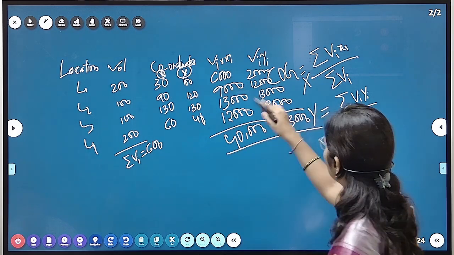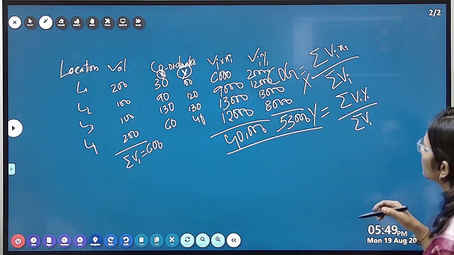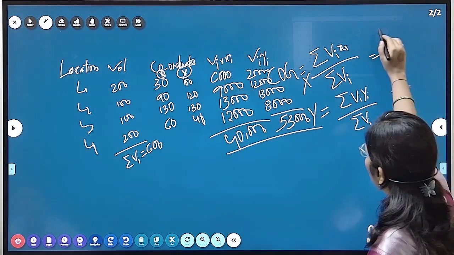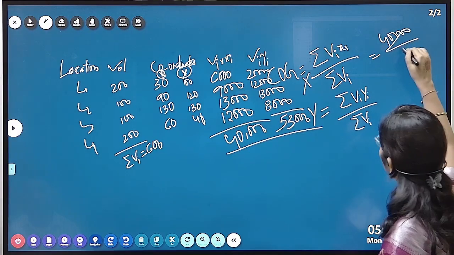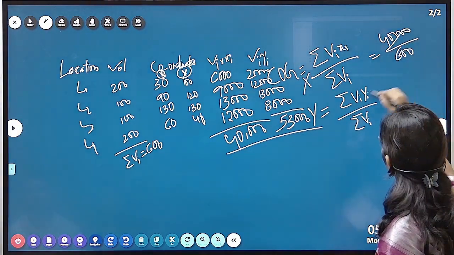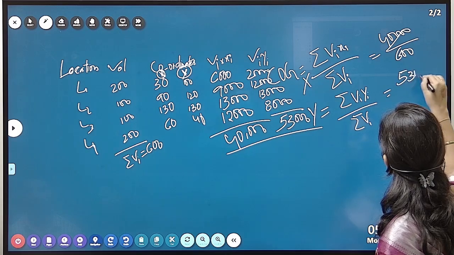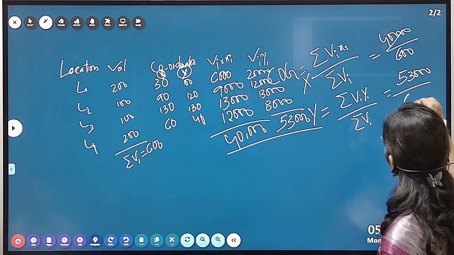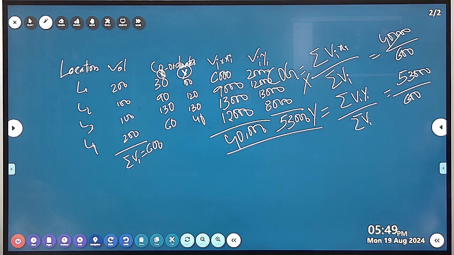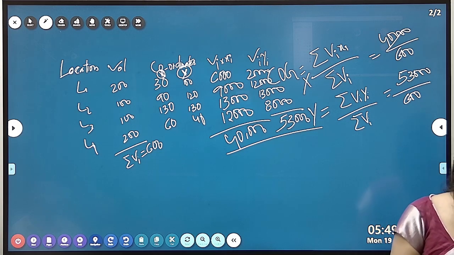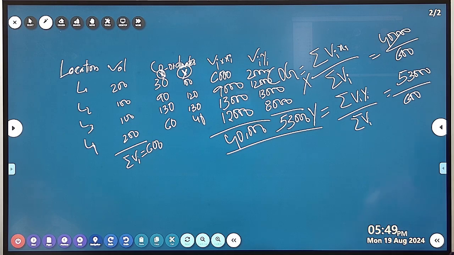So just substitute these things. In the X part, 40,000 divided by 600. Next here 53,000 divided by 600. So what's the answer? 40,000 divided by, how much did you get?